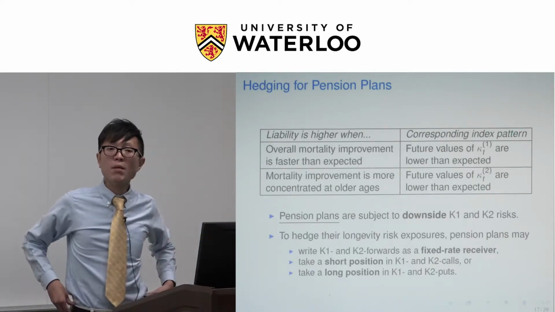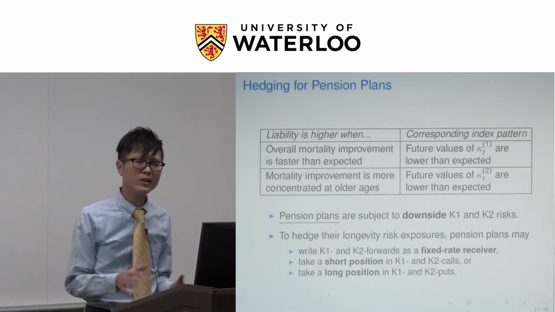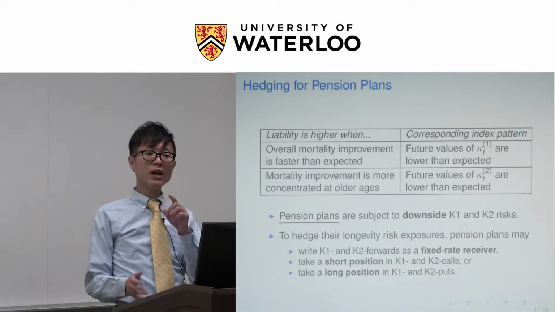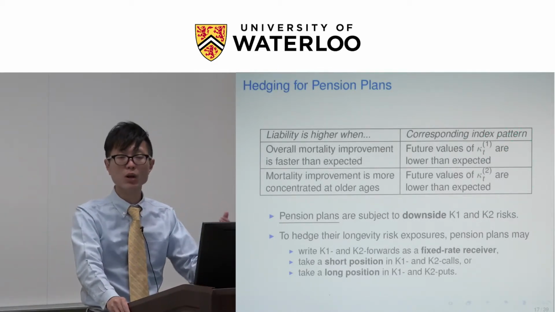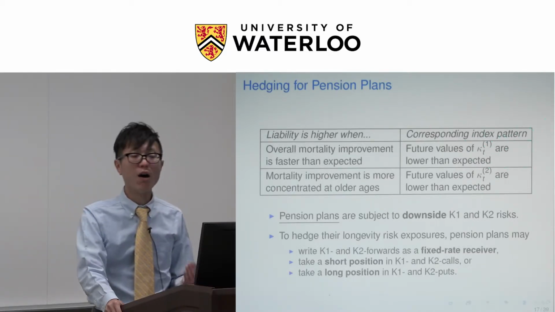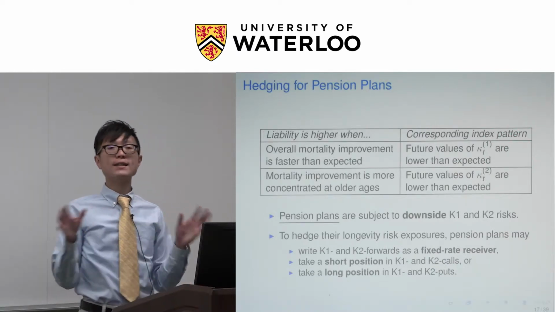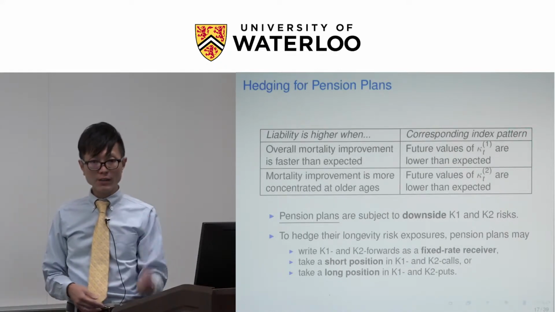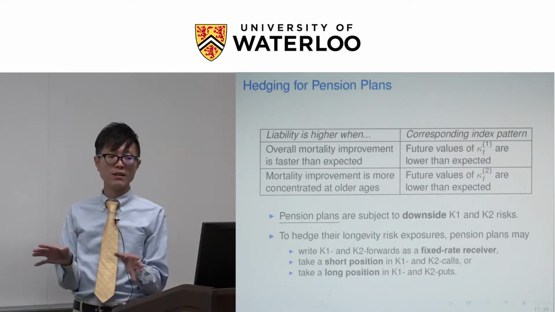Secondly, its liability is higher when mortality improvement is more concentrated at older ages than at younger ages, and this corresponds to the situation when future values of the second CBD mortality index are lower than expected. So, we can see that closed pension plans are subject to downside K1 and K2 risk.